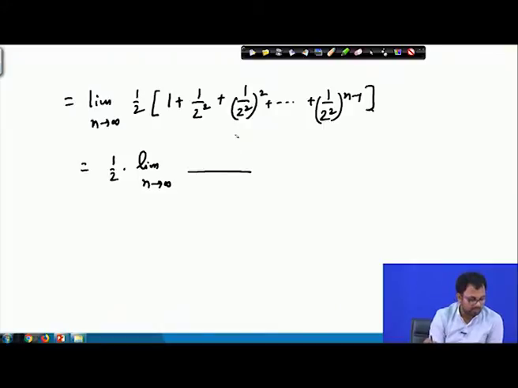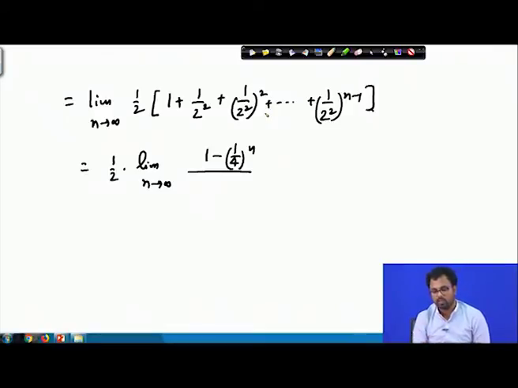Here it's basically a geometric progression, and therefore the sum can be given as 1 minus 1 by 4 to the power n divided by 1 minus 1 by 4.